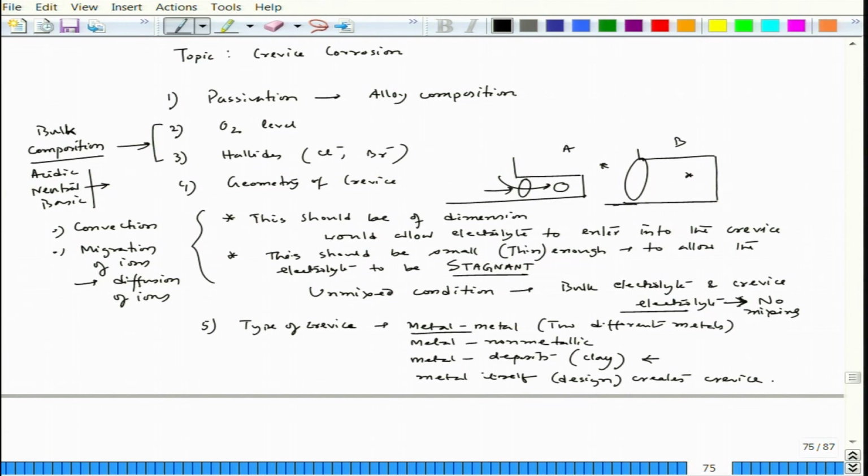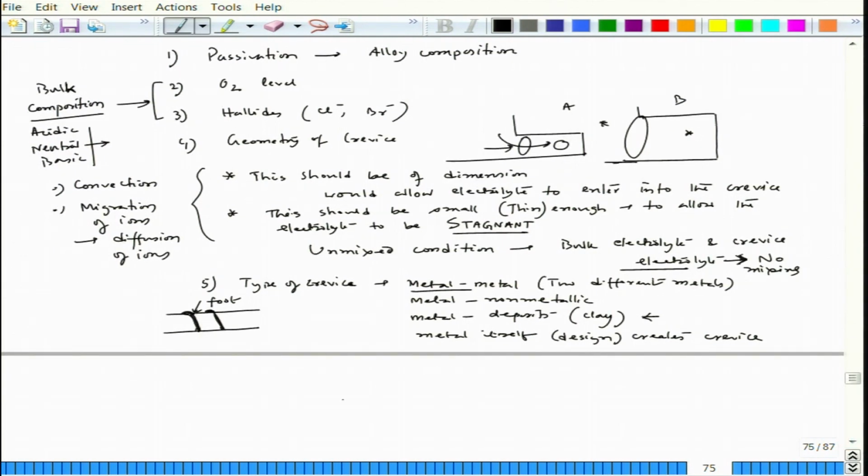One classic example that I showed you last class was basically a ripple rebar. So, ripple rebar is basically like this, fine. So, this is the ripple rebar, fine. So, now this is the foot of that particular ripple, or this is called ribbed. Okay. So, this particular part is creating a tiny crevice. So, here you do not have any different metals, it is the same design factor that is actually creating such a crevice. For example, design part creating crevice.